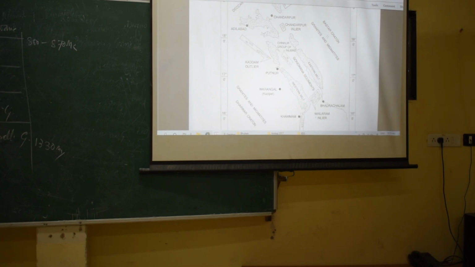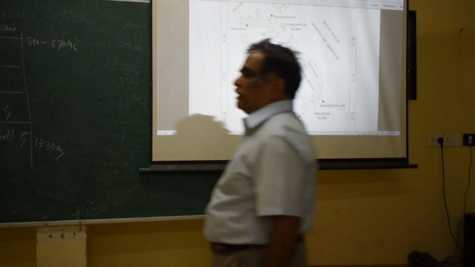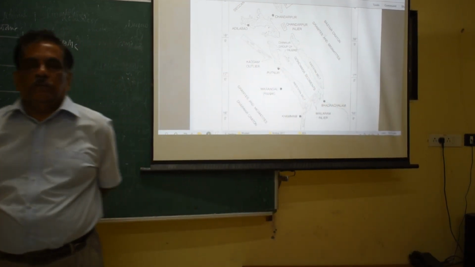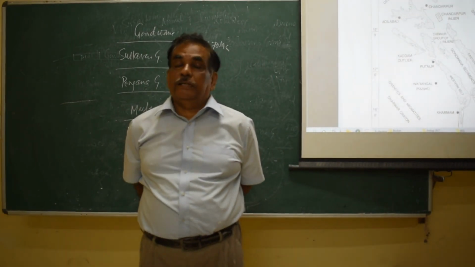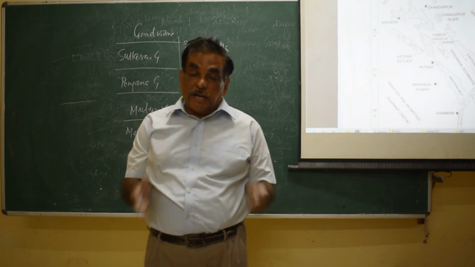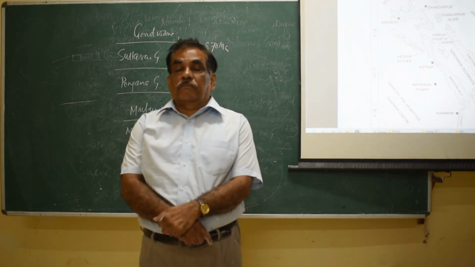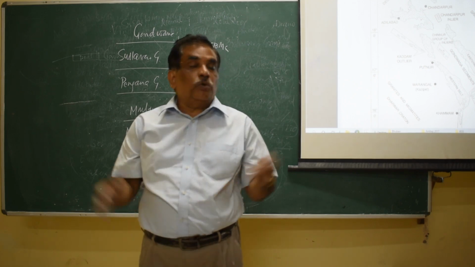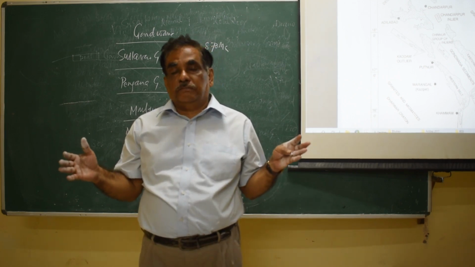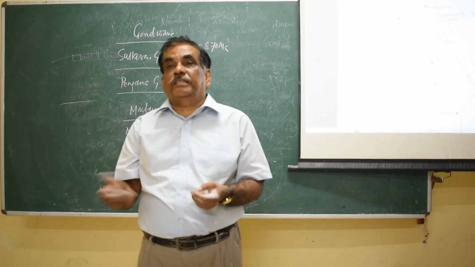So if somebody asks you what this Pranhita Godavari is, you don't immediately jump into saying it is famous for oil and gas or coal deposits only. You say that it is an ideal rift valley. Ideal rift valley in the sense that you can see the older rocks on the shoulders in a symmetrical fashion.